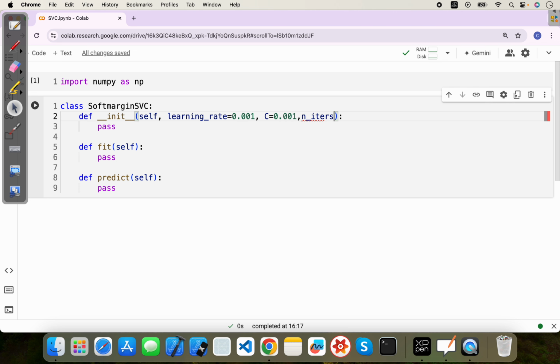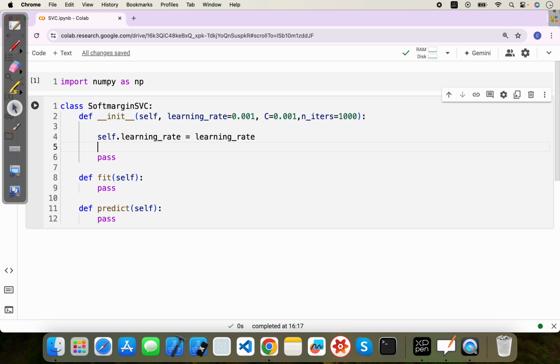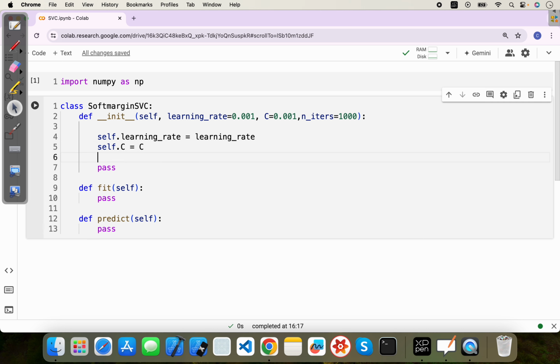Now just assign these variables: self.learning_rate will be learning rate, self.c will be c, self.n_iters will be n_iters, right?